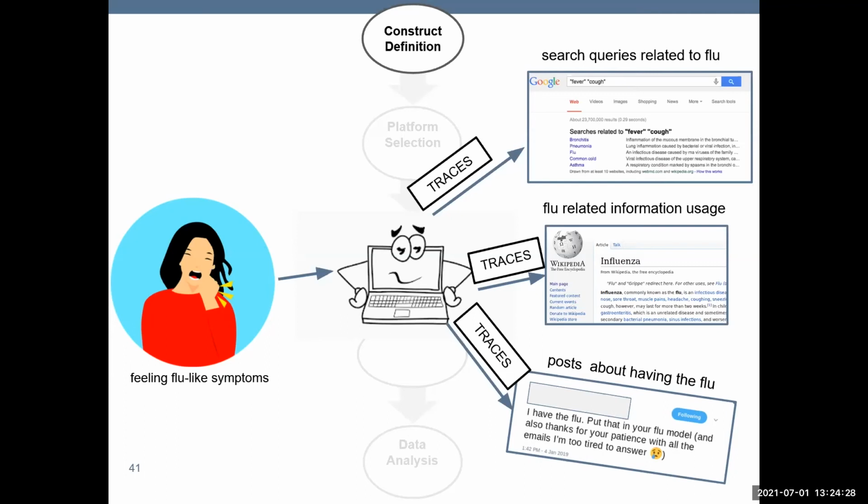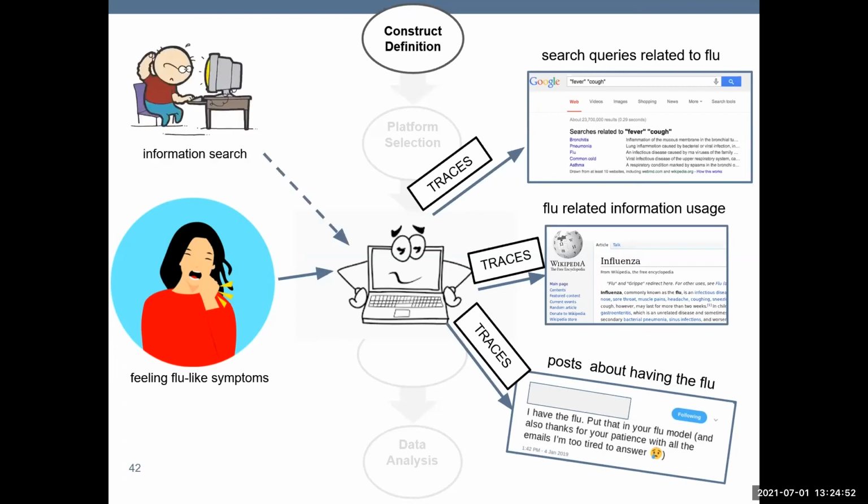So, for this dissection process, we're going to talk about a couple of different platforms, mostly Google and Twitter. The idea is that a person feels flu-like symptoms and they generate these traces, and a researcher might think that the presence of these traces is a strong indicator of a person having flu.